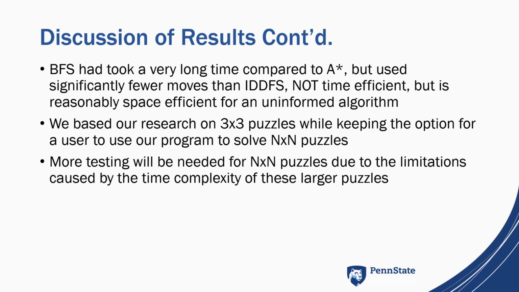This research was focused on the 3 by 3 puzzle, but our code is designed and developed to handle larger n-by-n puzzles. However, further testing is required for larger puzzles due to the increased computational complexity.